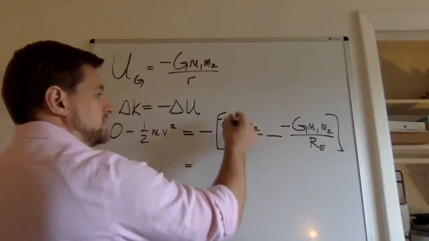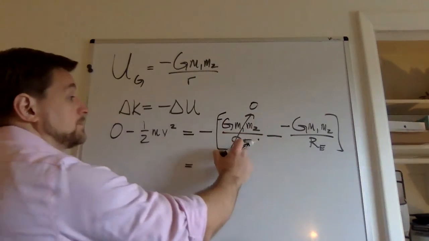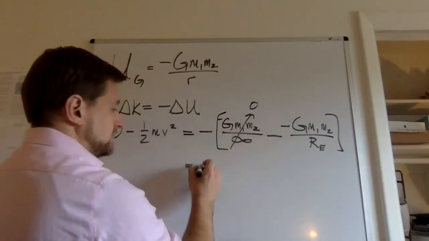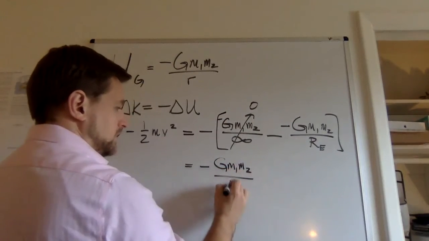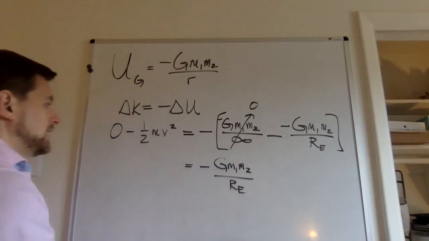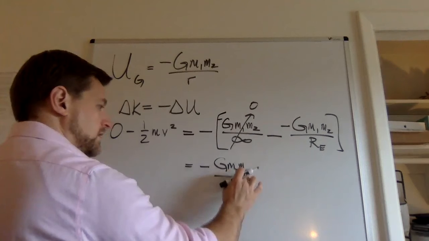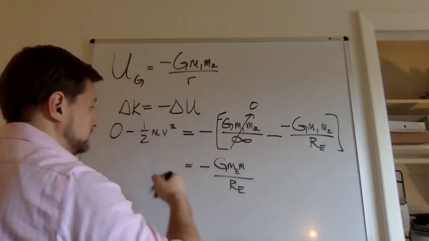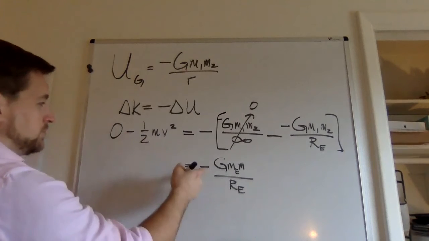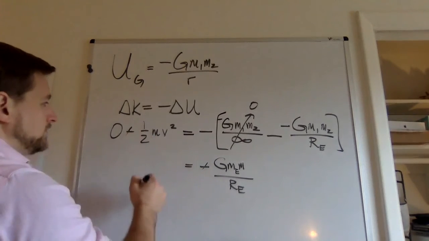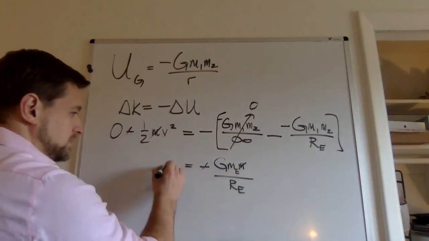This first term goes to 0 because it's over infinity. Minus a minus gets us a plus G m1 m2 over r. And one of these is the Earth, the other is some kind of mass that's actually traveling. So we've got a minus sign on both sides, we've got a mass on both sides, and this factor of 2.